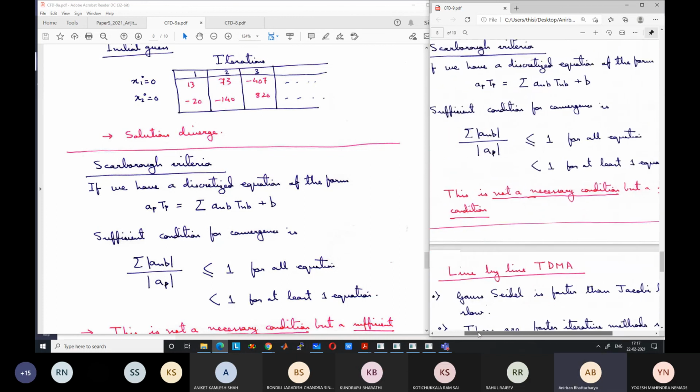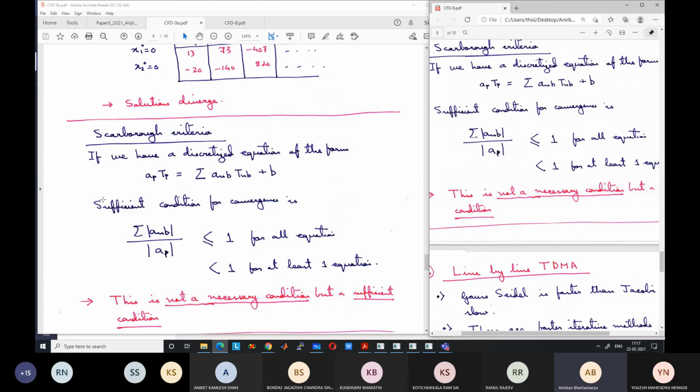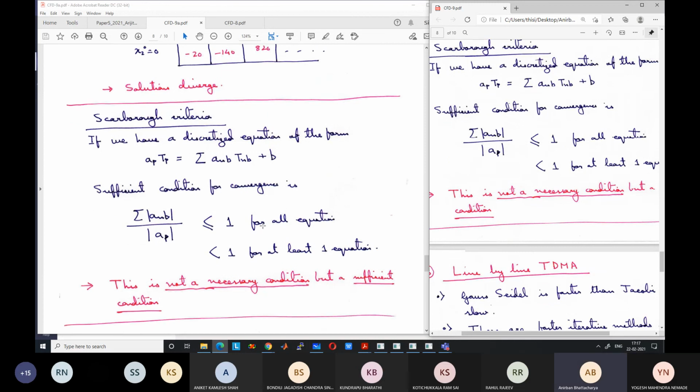If this is the form of the equation, there exists a sufficient condition for convergence. What is the sufficient convergence criteria? The summation of the absolute values of these neighboring coefficients, divided by the absolute value of the coefficient of P, should be less than or equal to 1 for all equations and less than 1 for at least one equation.